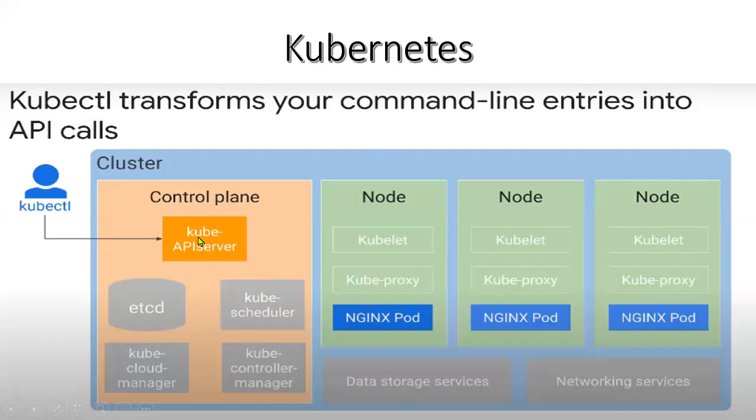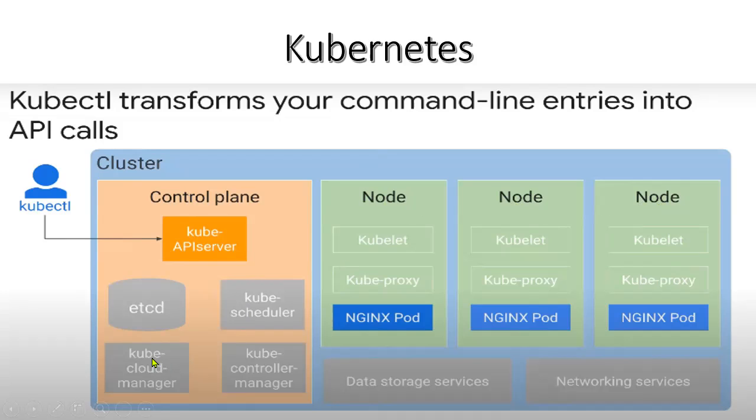It communicates with the kube API server, and that is in the master node. The master node is also called the control plane, so be careful: master node is also called control plane, and your worker nodes are also simply called nodes.